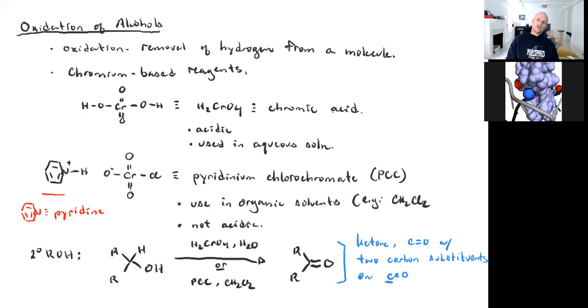Okay, and so a ketone is just defined as a C double bond O carbonyl with two carbon substituents on the carbonyl carbon. Okay, so PCC, chromic acid, always give you the same product with a secondary alcohol.